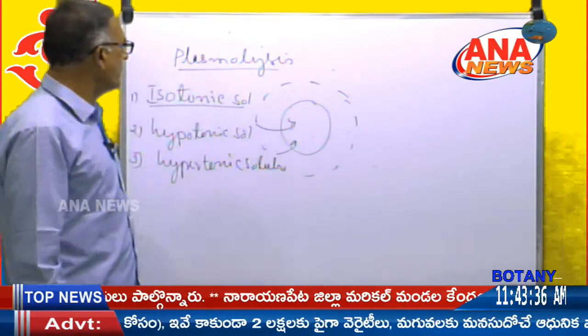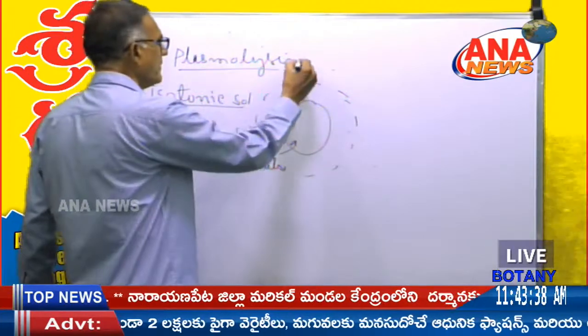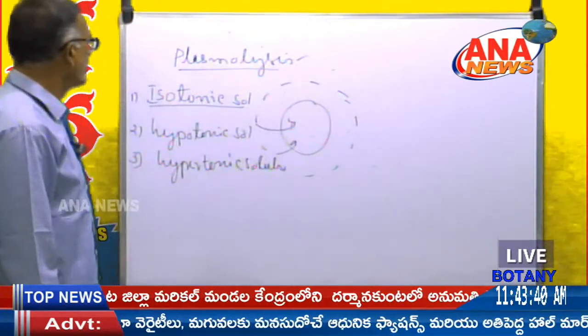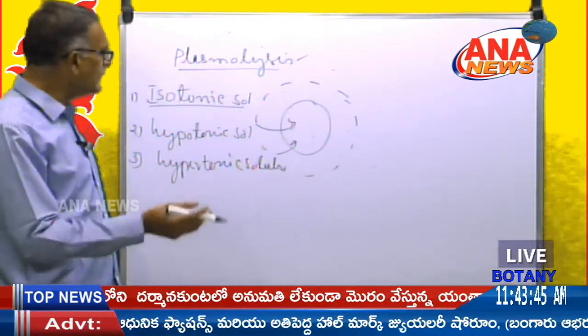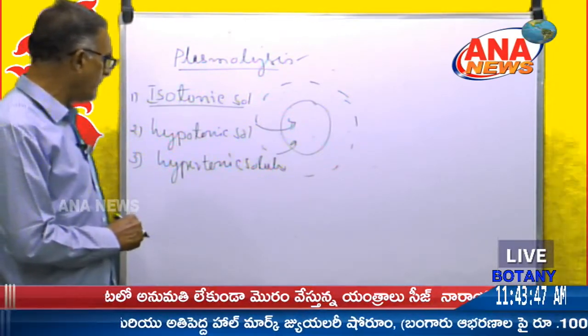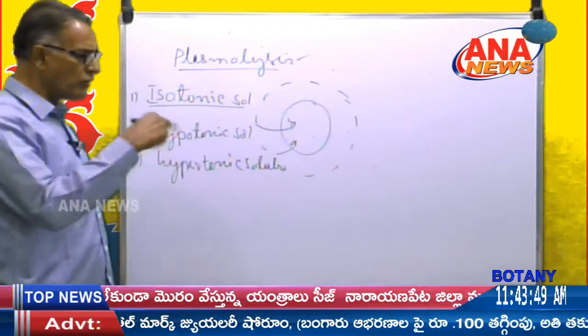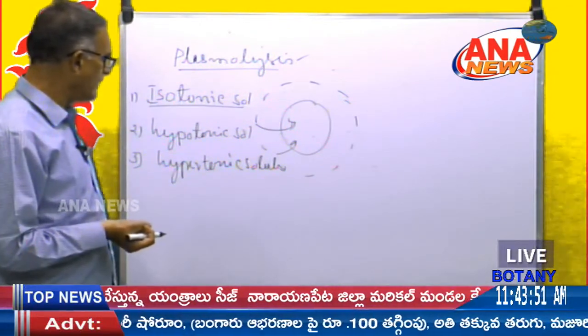So now our topic is what is plasmolysis. Plasmolysis is a process which occurs when the water comes out from the cell.